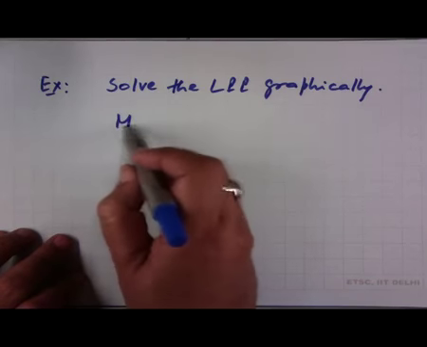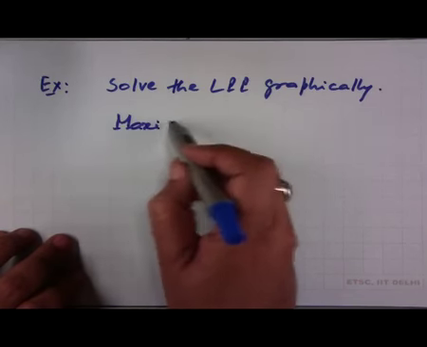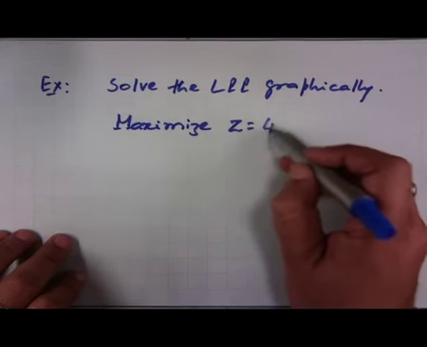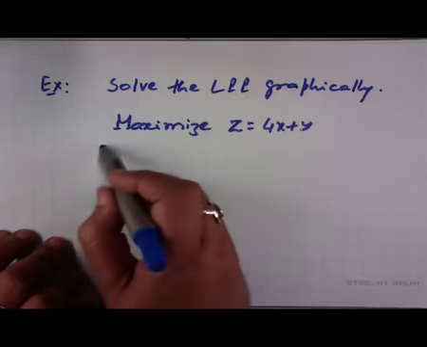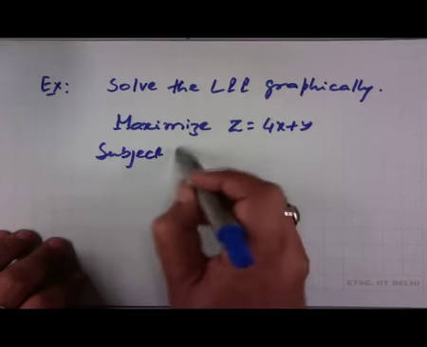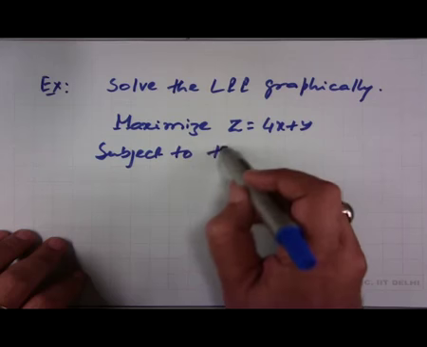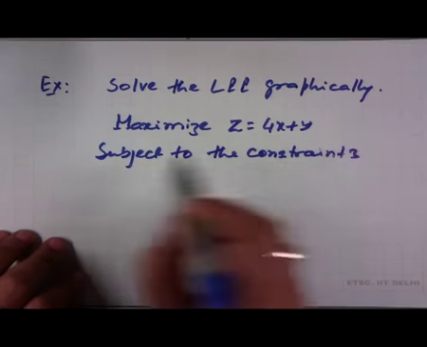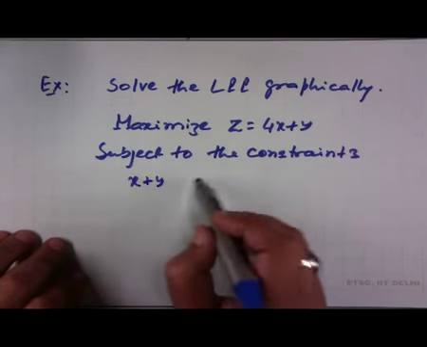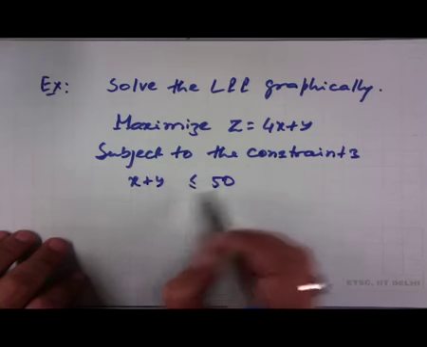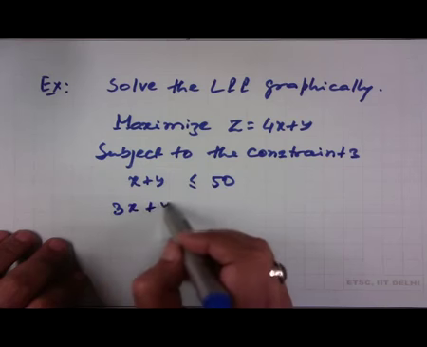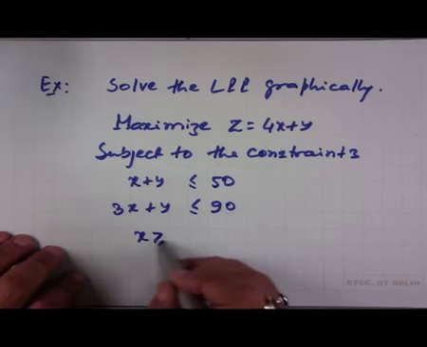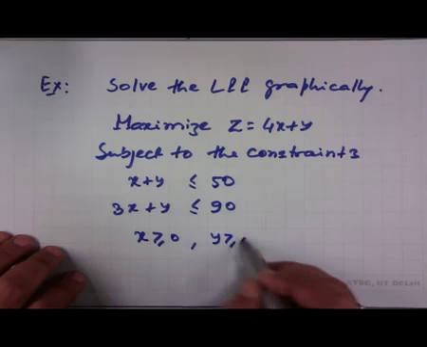Maximize z equal to 4x plus y subject to the constraints x plus y less than equal to 50, 3x plus y less than equal to 90, x greater than equal to 0, y greater than equal to 0.